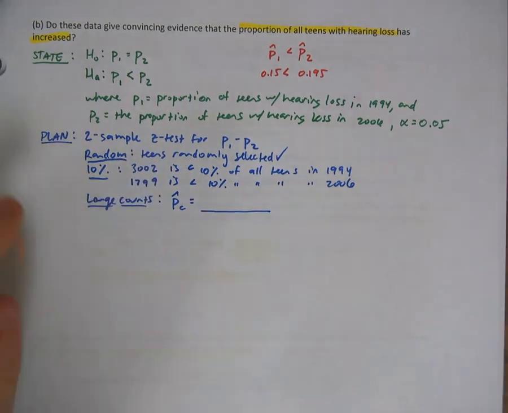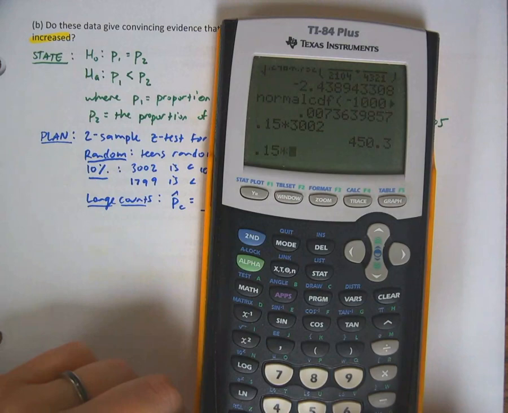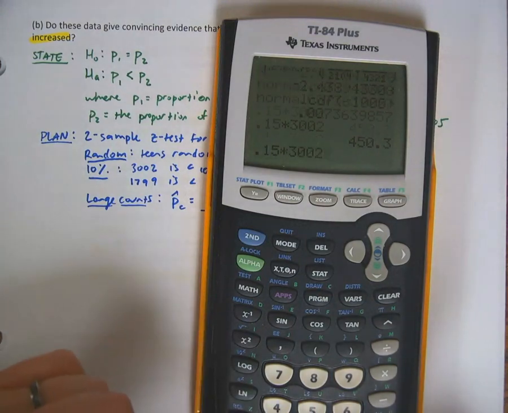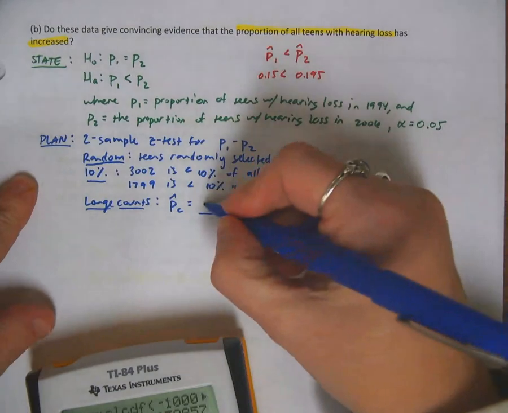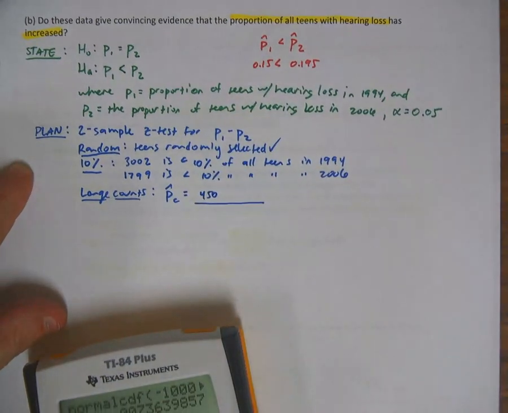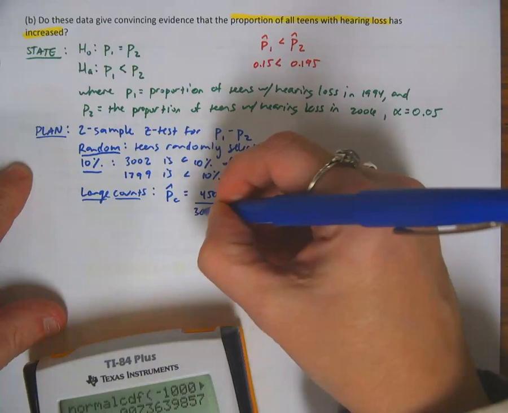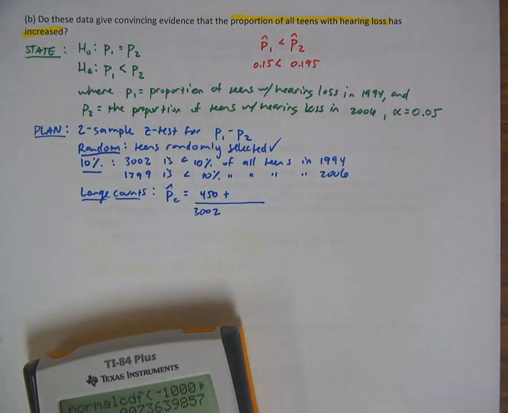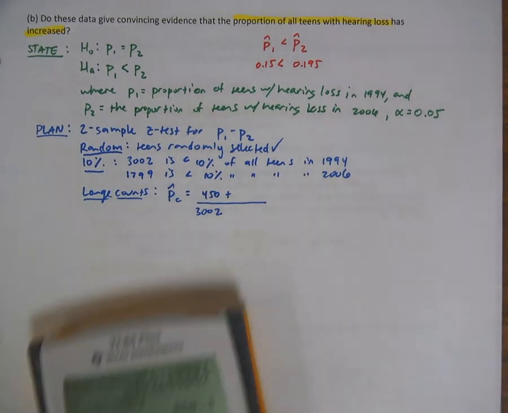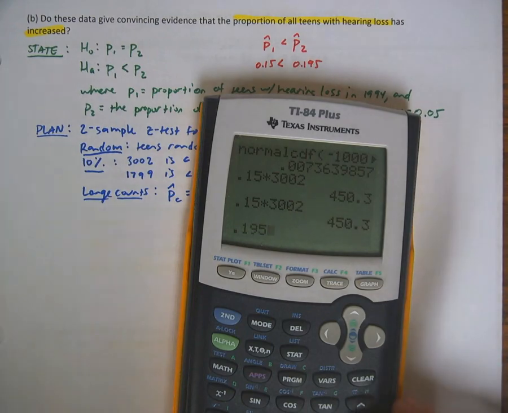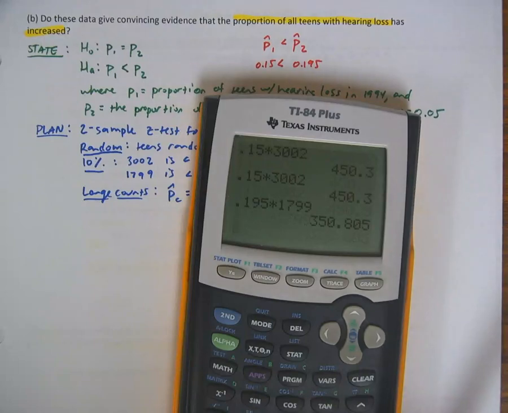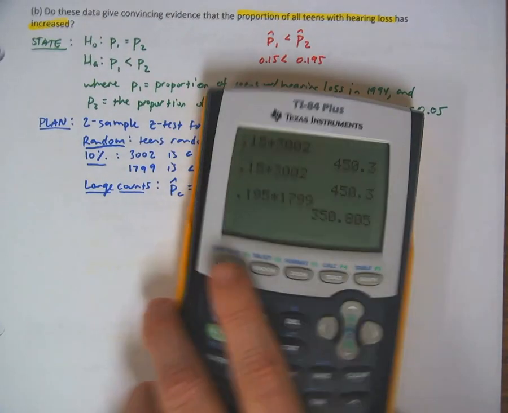Well, 15% of 3,002 is 450. So we would say 450 out of 3,002 from the first population had hearing loss in 1994. And then the second one was that 19.5% of the 1,799 teenagers. So let's call that 351.